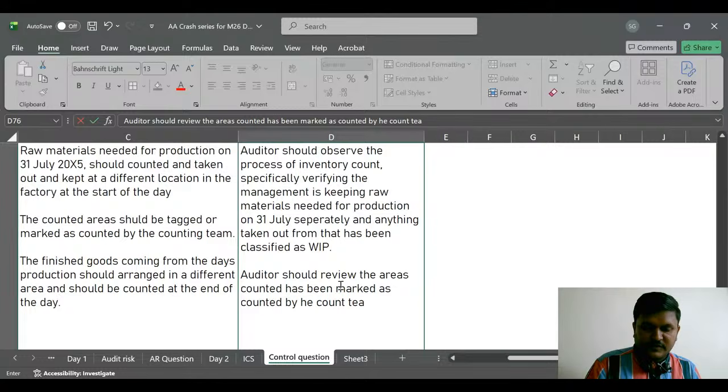Since he is over there, you can also observe while they are marking it. So observe.